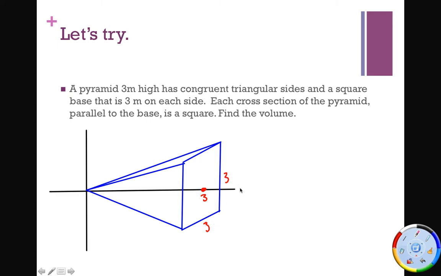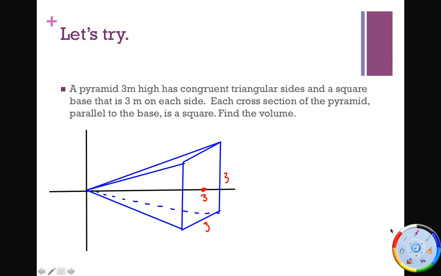Now, we could obviously find the volume of this pyramid very simply using our volume formula for a pyramid, but that's not what we want to do right now. What we actually want to do is think about this in the context of a calculus problem.